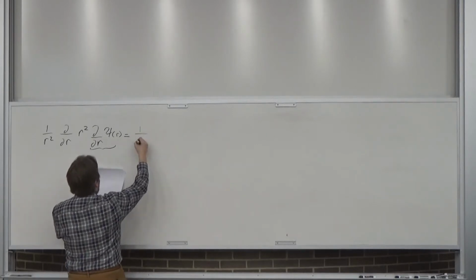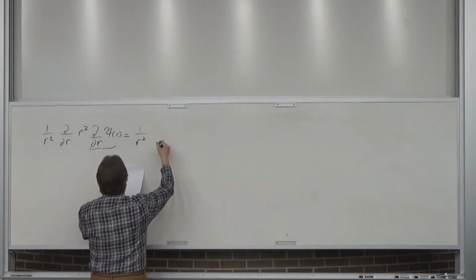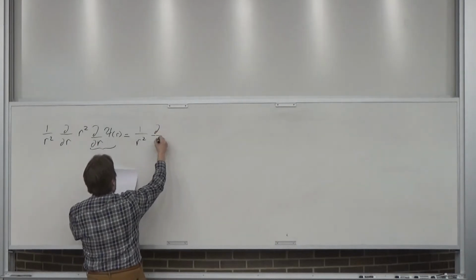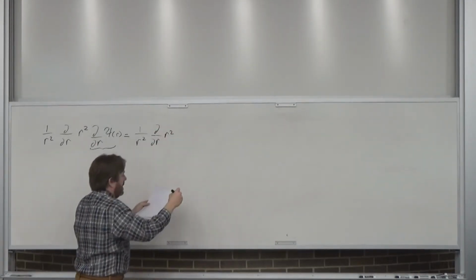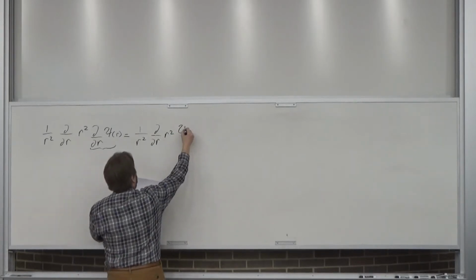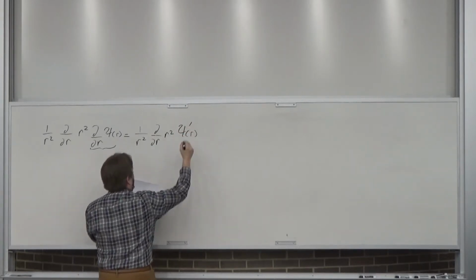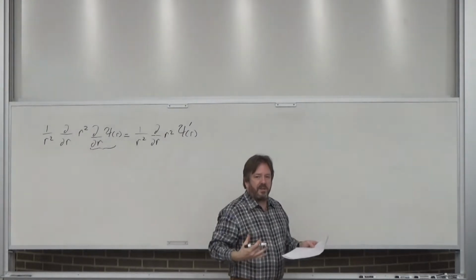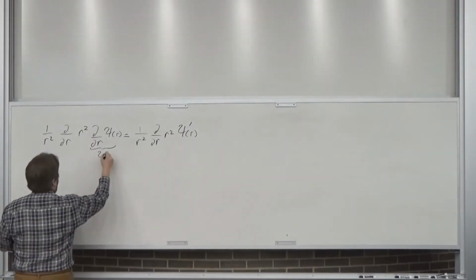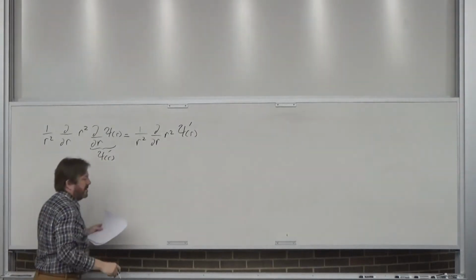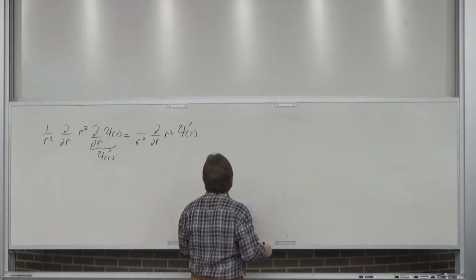So what we've got is 1 over r squared, d/dr of r squared, and let me use the terminology that, again, hopefully you're used to, the little dash to represent the derivative. So this is just the derivative.